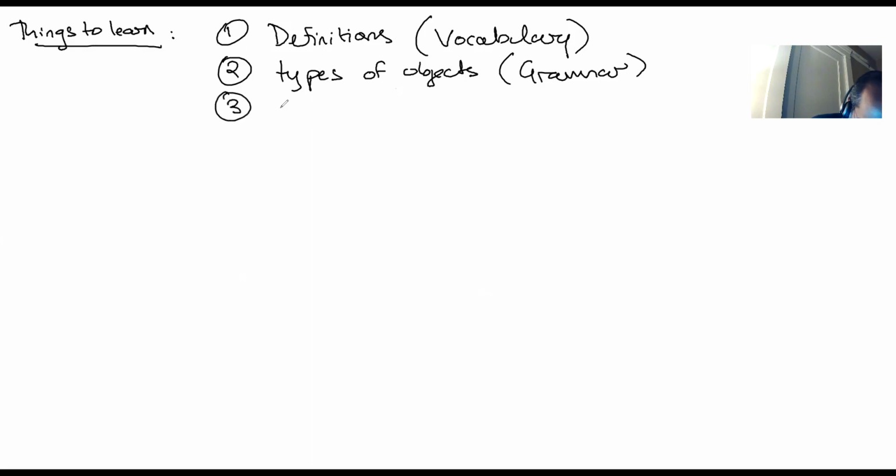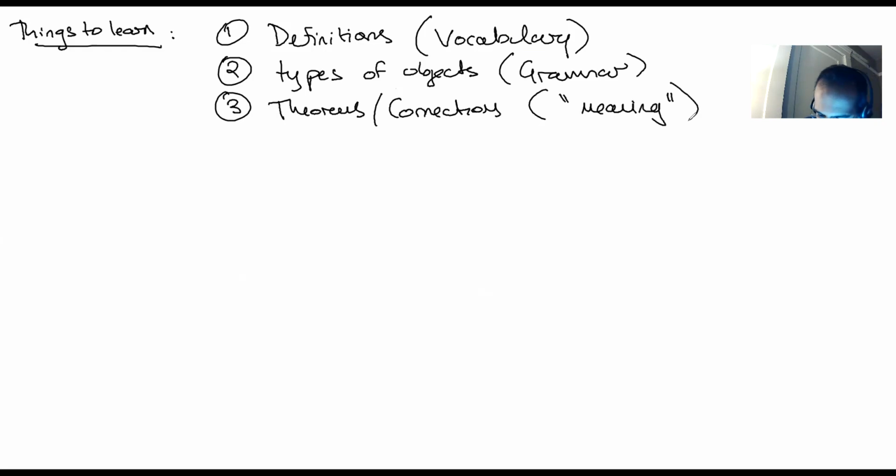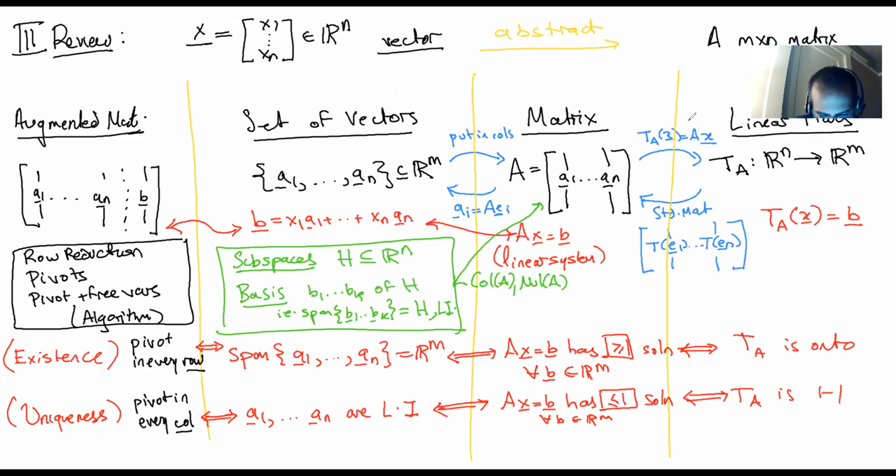And then the third thing you need to learn is the theorems and connections between the definitions. And this is really what the meaning of linear algebra so far is. We've defined all these words and they're all related in this very tight-knit way, right? In the beginning of the term, you didn't know most of the words on the slide.